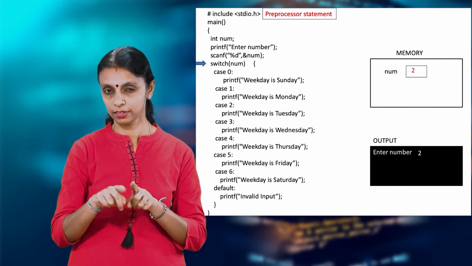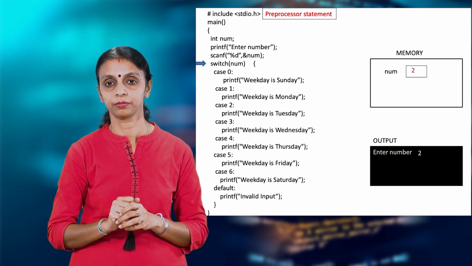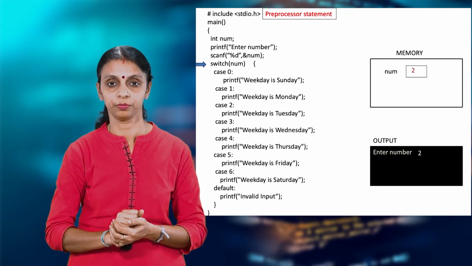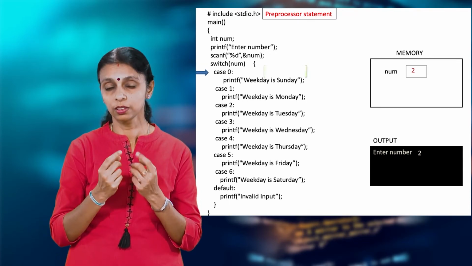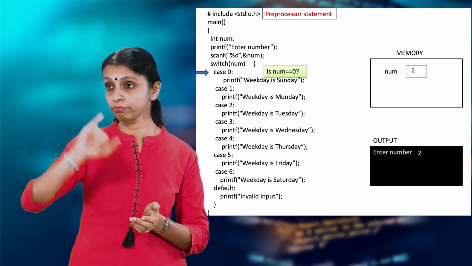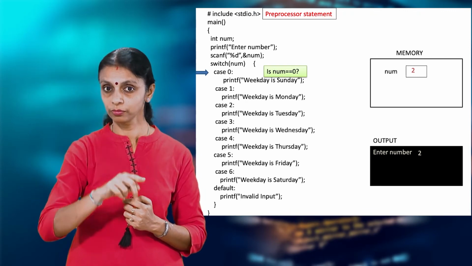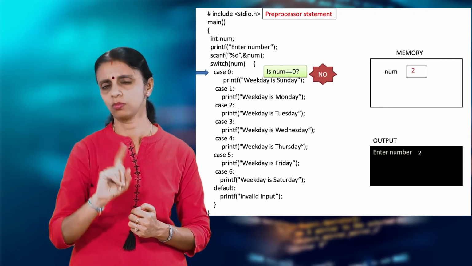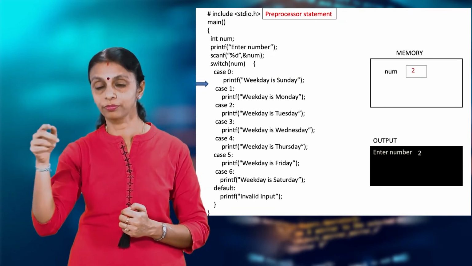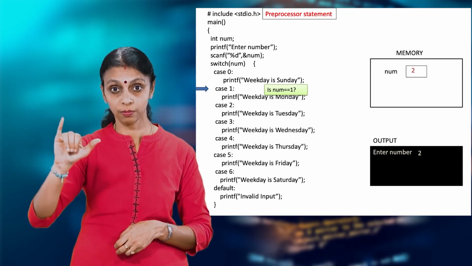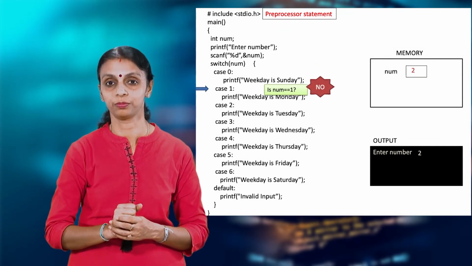For example, if the user entered the value 2, it checks whether it matches with the first case, that is 0. Is 2 equal to 0? No. So, it jumps to next case, case 1. 2 is not equal to 1.